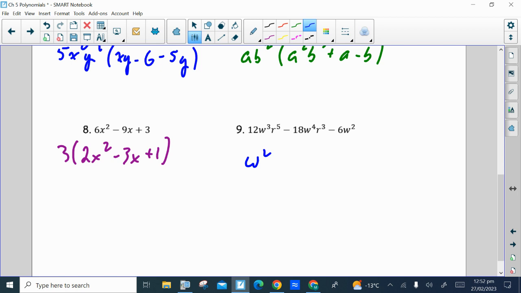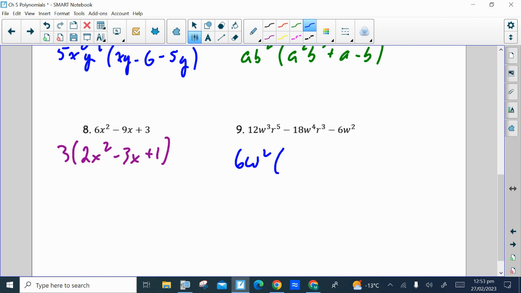Why not? That's right. It's 6w squared. Because of the coefficients 12, -18, -6 are all divisible by 6. So you got the w squared, absolutely. There are r's in the first 2 terms, but not the last. So the common factor cannot involve the variable r. There are w's in all 3 terms, and you take the one that has the smallest power.